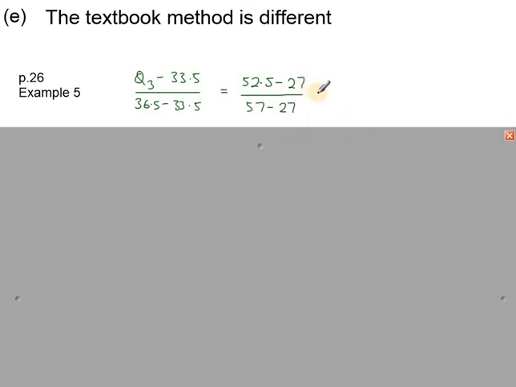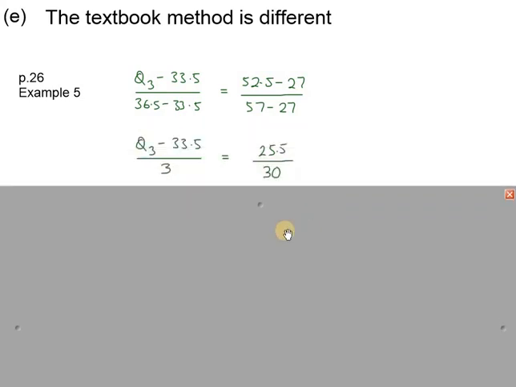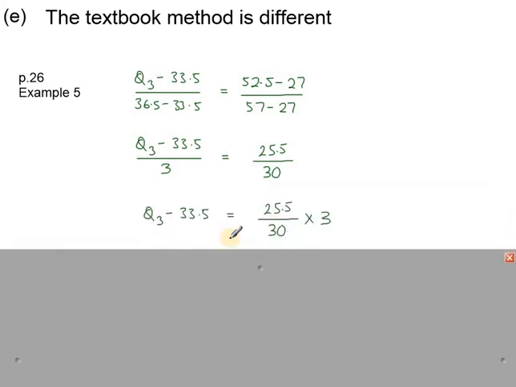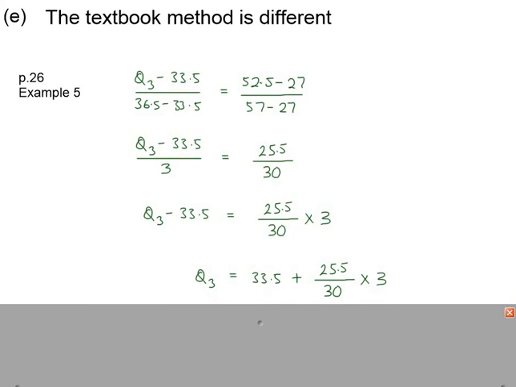So simplifying the numbers, and I'm not going to go into where the numbers came from, we've got this, multiplying by 3 on both sides, adding 33.5 to both sides, so now we have this. And all along what we were after was this Q3 data value.